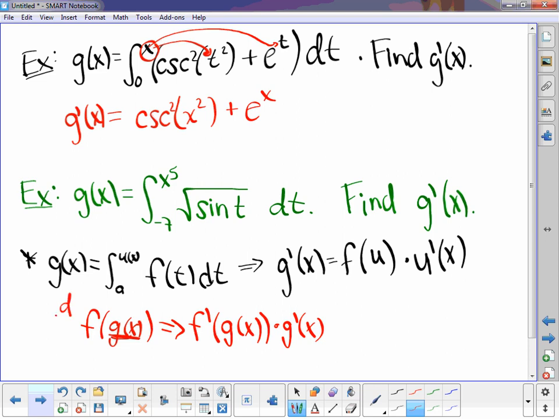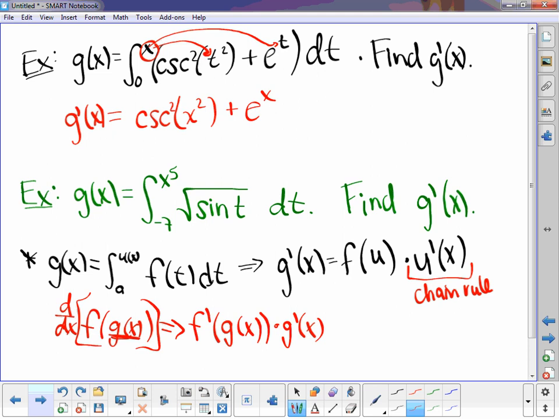I take the derivative of the outside, the inside stays the same, times the derivative of the inside. Okay, so essentially we're doing the same thing. This is coming from my chain rule, that I have to multiply by the derivative of the inside. My inside is that function that I just shoved in there.